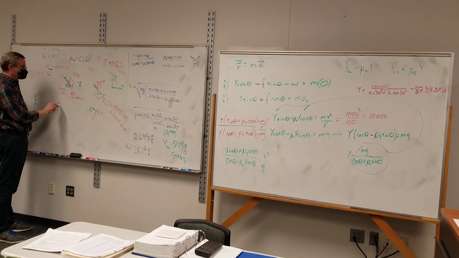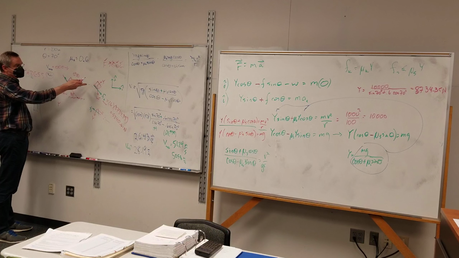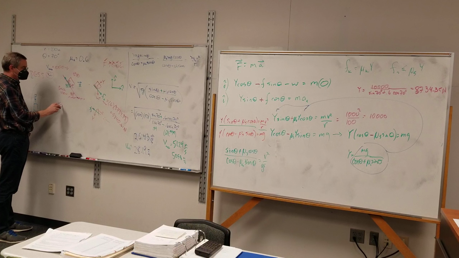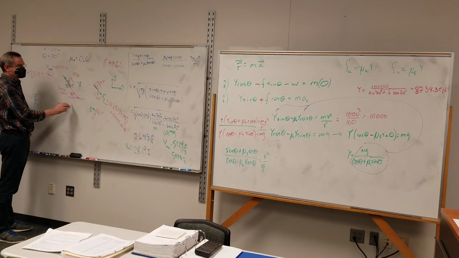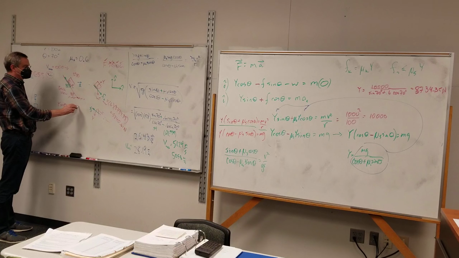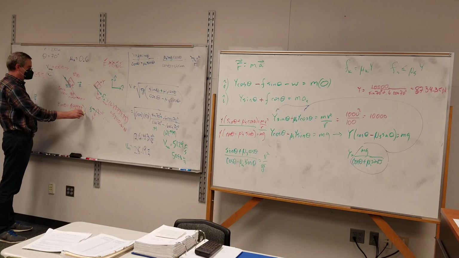So up, I've got N cosine theta. So 8,734.35 times the cosine of 70.